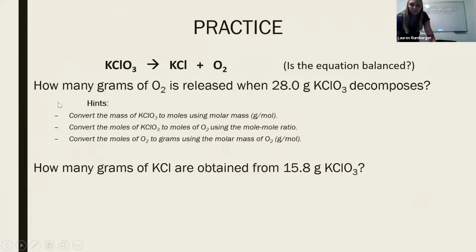I gave some hints here to help you with your thought process. In your first step, you must convert the mass of the potassium chlorate, the KClO3, to moles using the molar mass. Because remember, we cannot convert directly from grams of one substance to grams of another. So we have to use moles.